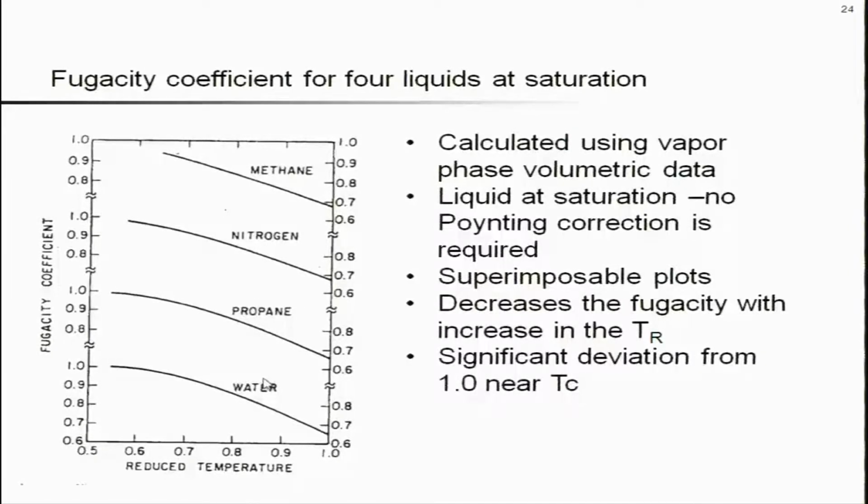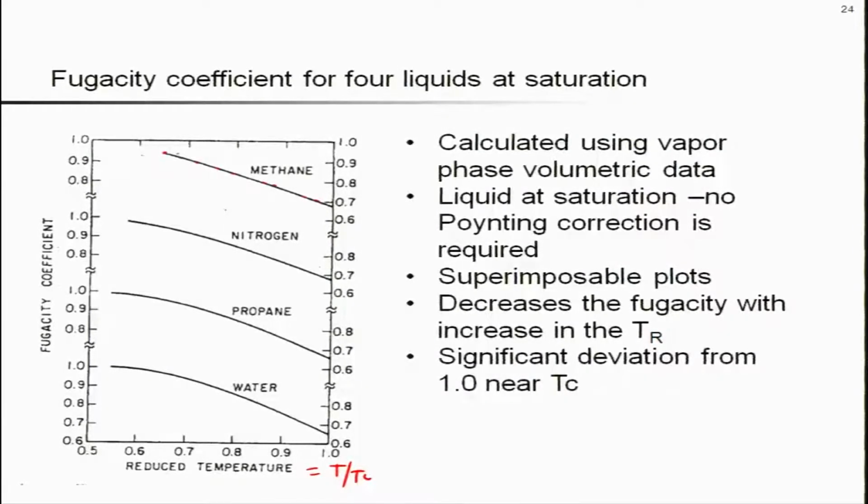In order to plot these on the same scale, we have taken the reduced temperature, T by Tc. This particular point corresponds to a state where the liquid and vapor are saturated at a specific reduced temperature. Once you fix this temperature, it has a certain pressure, which I am not plotting here, but all these points are at saturation.